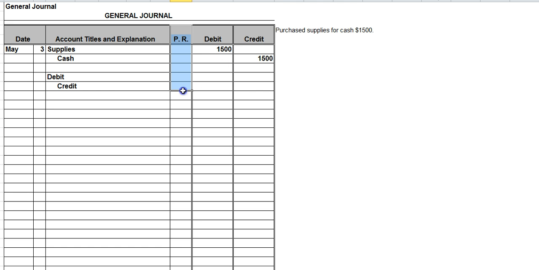This column, PR, stands for posting reference. We're not going to talk about posting in this video, but we are learning about posting in chapter 2. Posting is just taking your information from the journal and putting it into the ledger. The ledger is where we keep like a specific page for each account.